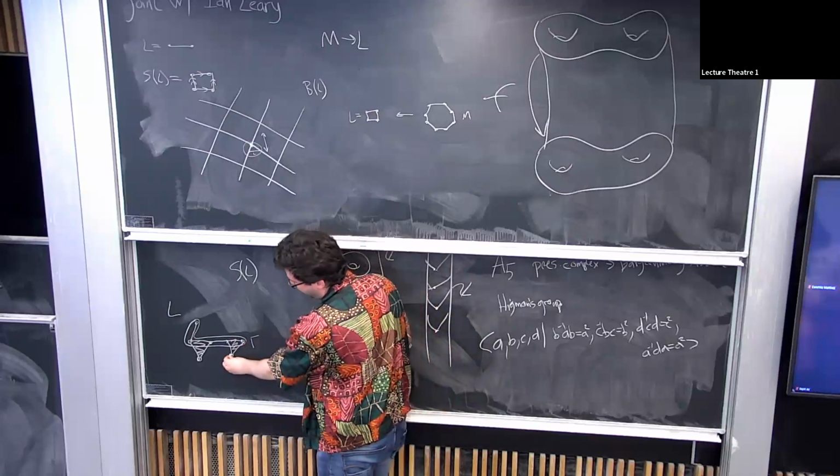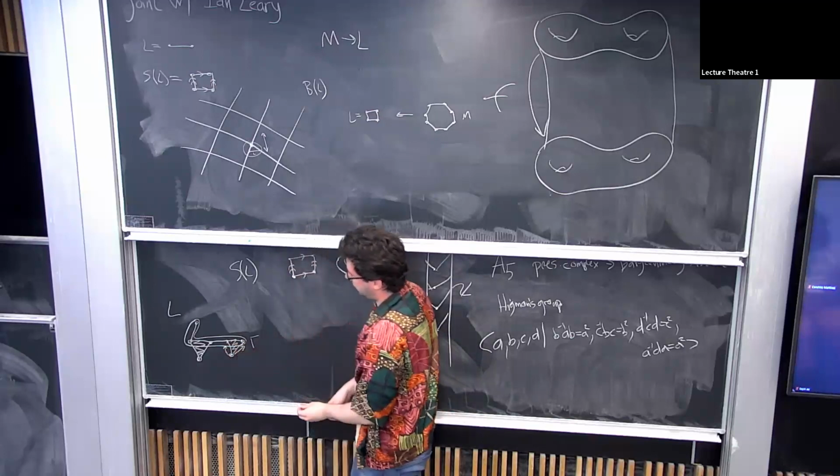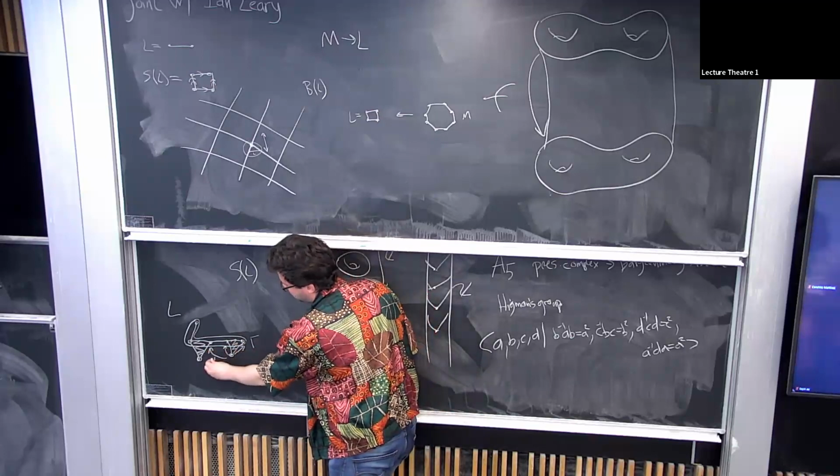So the map R has to take this vertex either to this vertex or to this vertex. It can't, for example, map it like that.